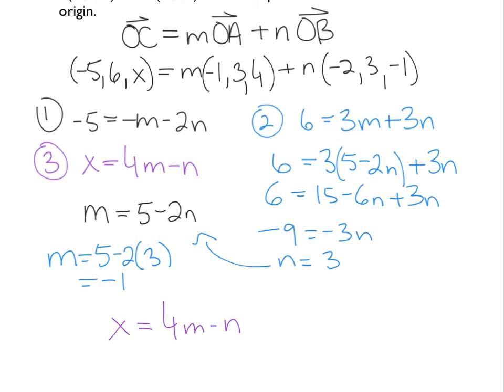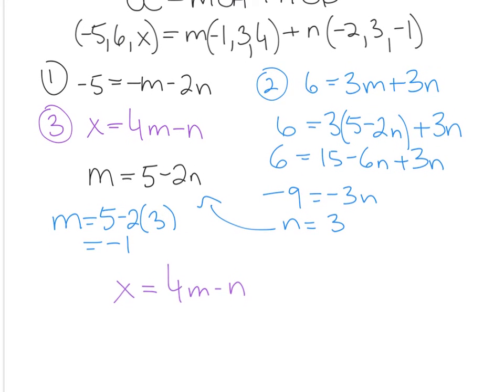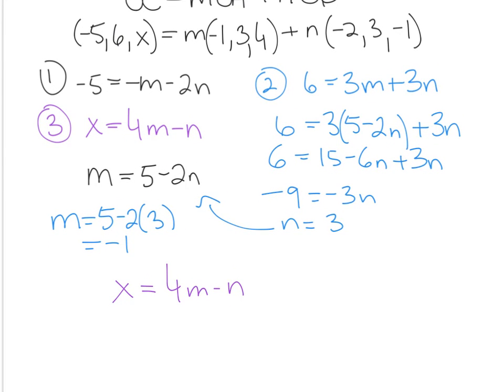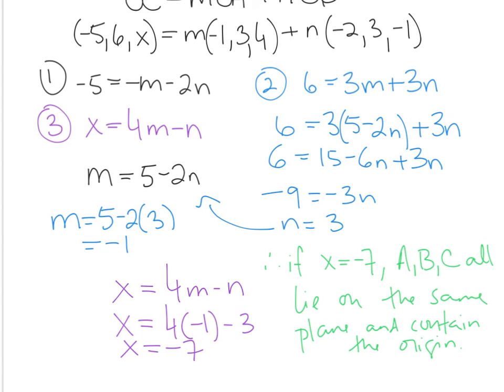So if we have 3 equations, that's more than enough information. And so we can substitute our m and n values. So we have negative 1 here, minus 3, which gives us x is equal to negative 7. So therefore, if x equals negative 7, a, b, and c all lie on the same plane and contain the origin. And the reason for this is because it can be written as a linear combination.